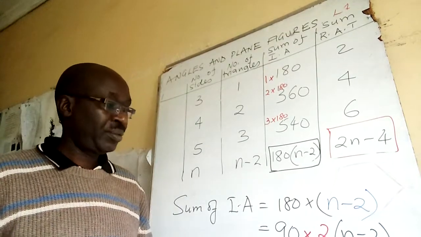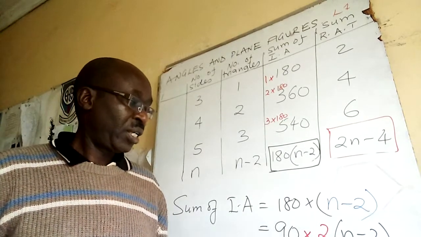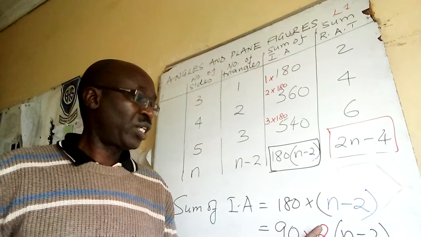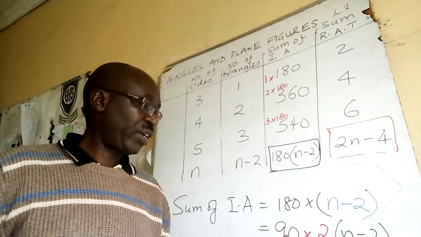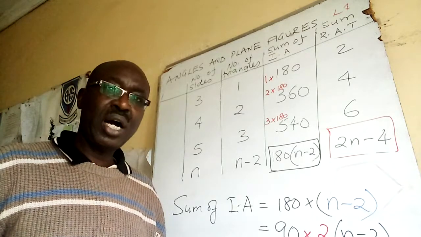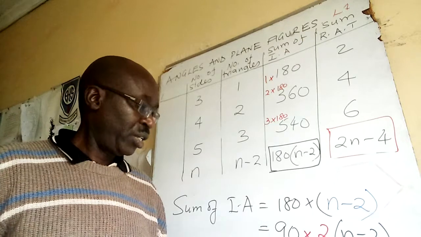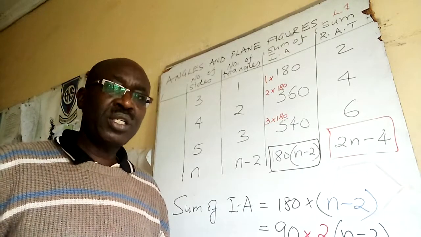Okay, here. This is very important. 90 in bracket 2n minus 4. The 2 has gone inside to give me this. I've kept 90 outside. So what is important? This is very important.